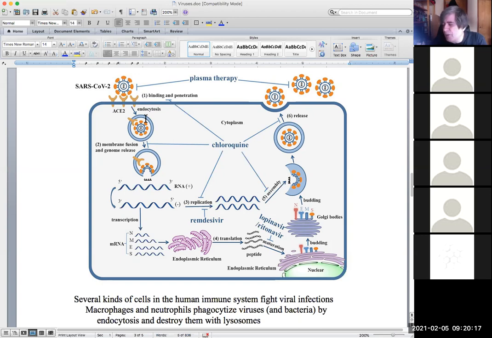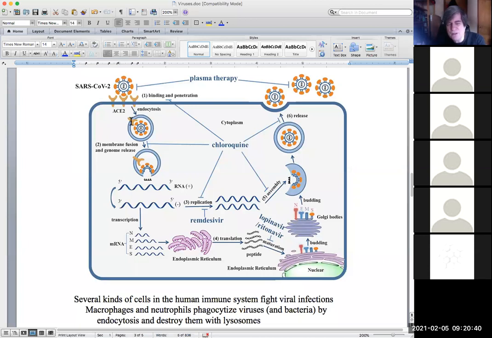Notice that in some viruses, once the virus is attached to the receptor, the envelope and the capsid break apart, and only the viral DNA, or RNA, as the case may be, only the nucleic acid enters the cell. But in the case of SARS-2, the whole virus enters the cell.